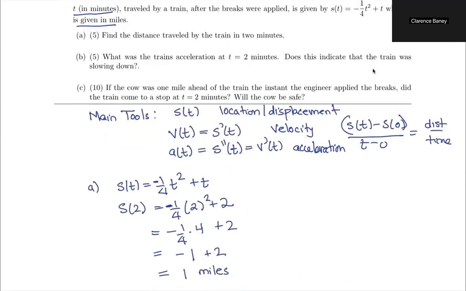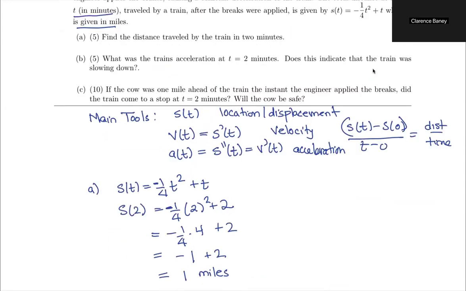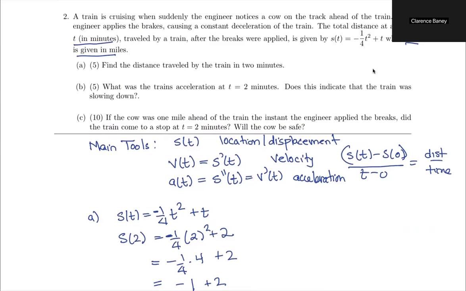The next question is: if the cow was 1 mile ahead of the train the instant the engineer applied the brakes, did the train come to a stop at t equals 2 minutes? A couple of things: you have to put part A and part B together. From part A, we know that the train is going to travel 1 mile in 2 minutes, regardless of the mitigating circumstances. Whether the train was slowing down and how fast it was going is still encapsulated in this formula.